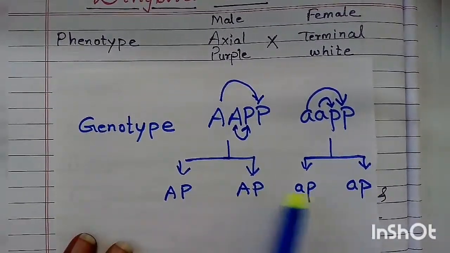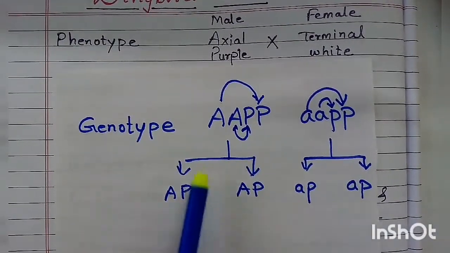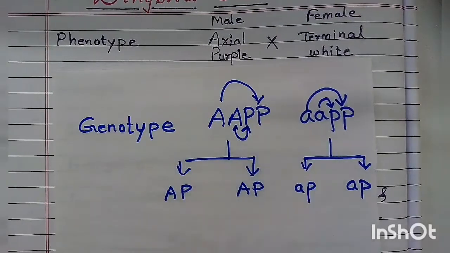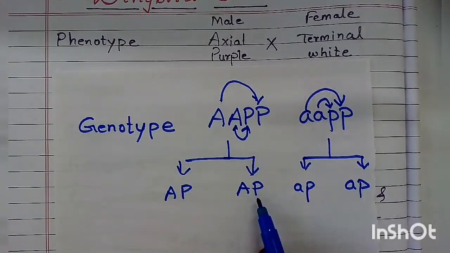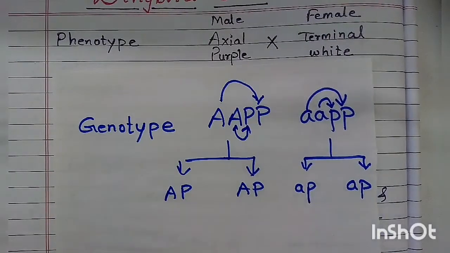Now these are the gametes for these given parents: capital A capital P, small a small p.